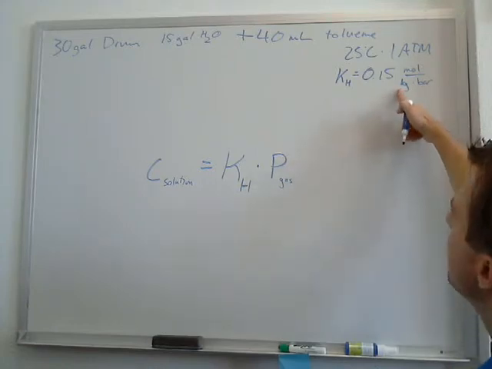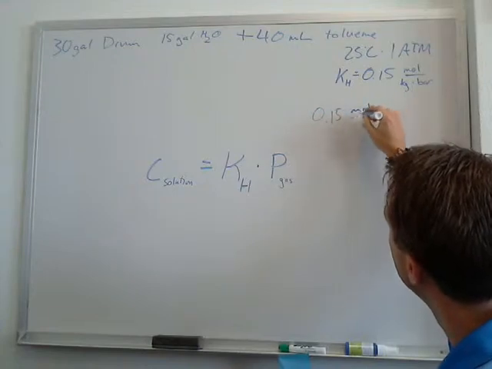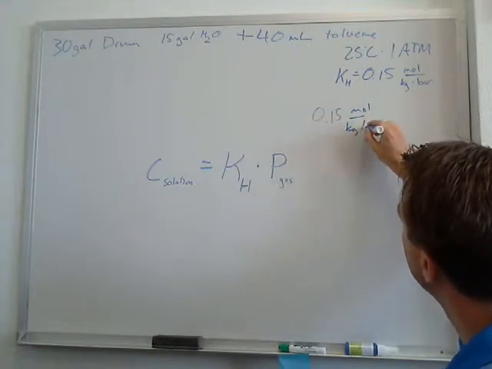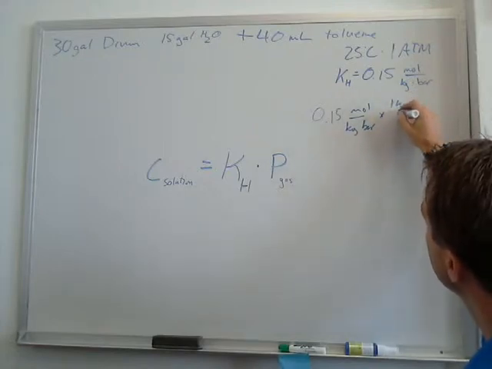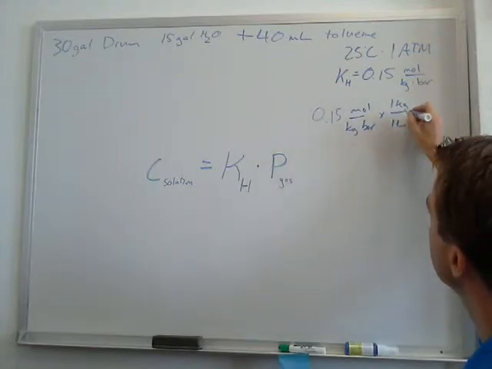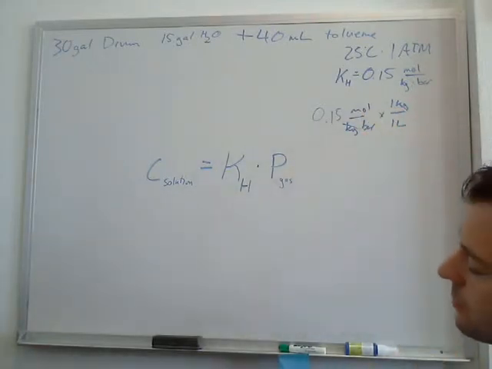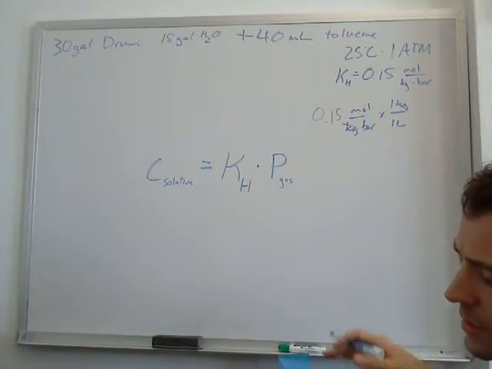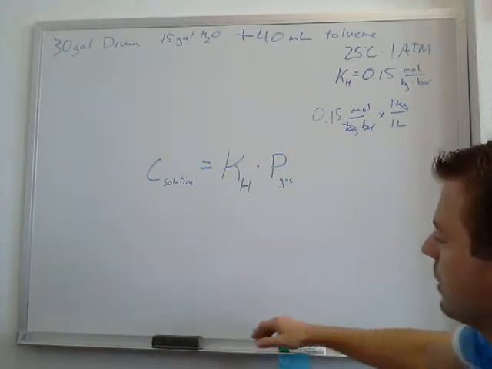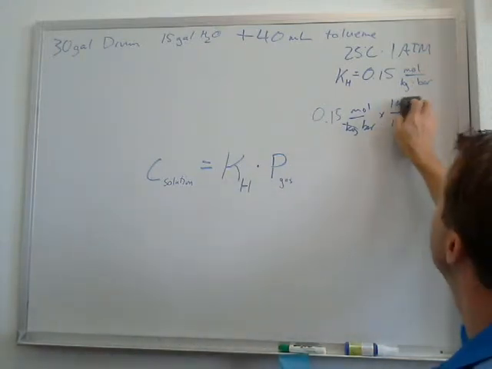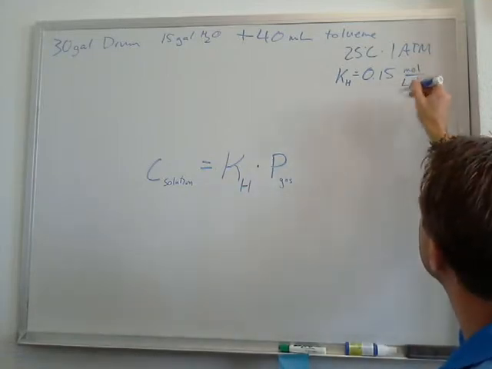So if we simply multiply our 0.15 moles per kilogram bar by the density of water, 1 kilogram per liter, we're now in moles per liter bar. So we could go ahead and change this, but let's just wait because we don't necessarily know what units we're going to end up in. And so we can do that as we do our math. So we'll just call this moles per liter bar.